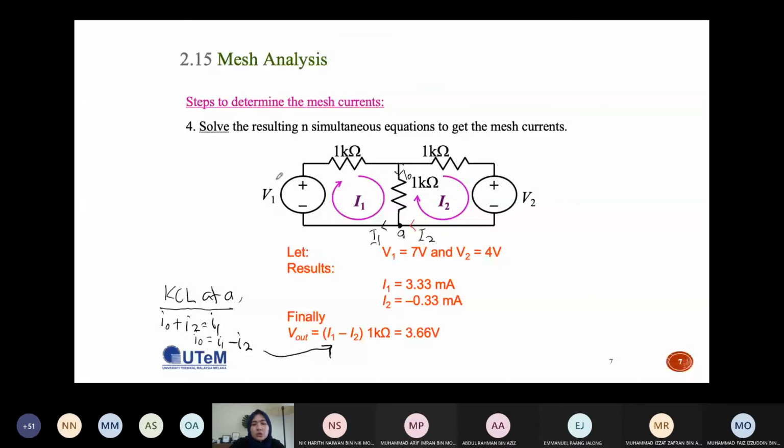So now let's assume V1 is equals to 7 volt and V2 is 4 volt. Then based on the two equations that you obtained just now, you can use your calculator to solve the simultaneous equation, and you can directly get I1 equals to 3.33 milliamp and I2 is equals to negative 0.33 milliamp.